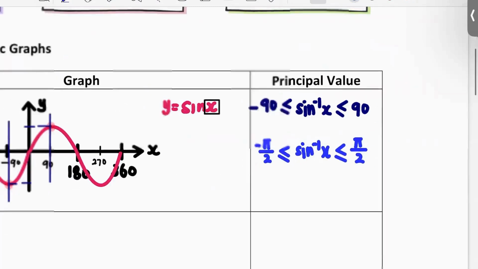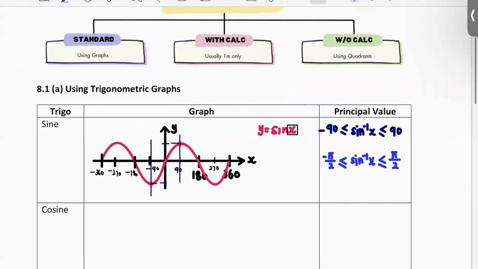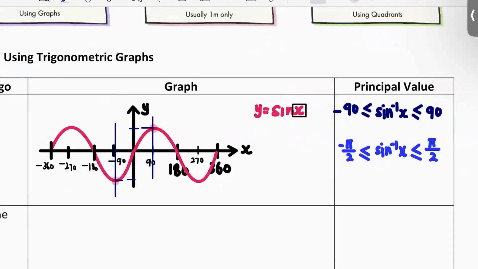So this is the first kind of question where they typically just ask you, what's the principal value of a sine graph, for example, or what's the principal value of cosine or even tangent. So it's just simple from here. Just regurgitate and remember this, either in degrees or in radians.